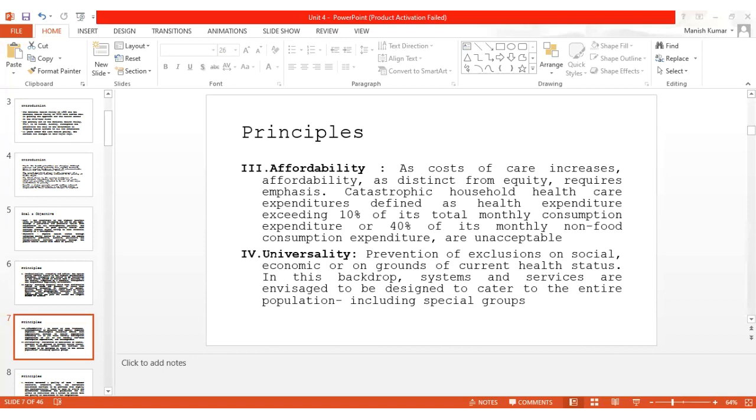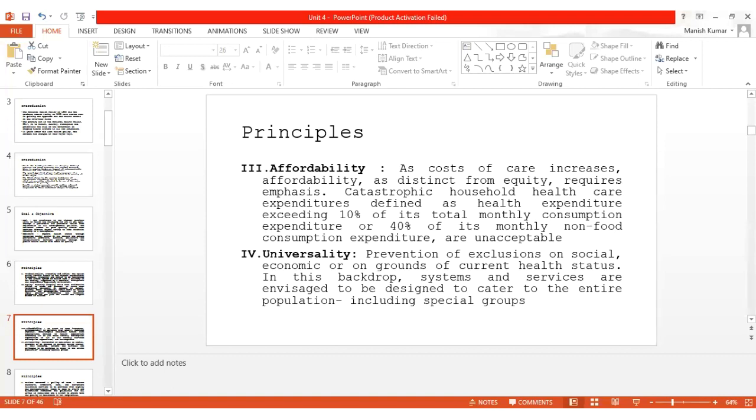So there should not be any out of pocket expenditure by the population, because of which there would be a reduced load on healthcare services.